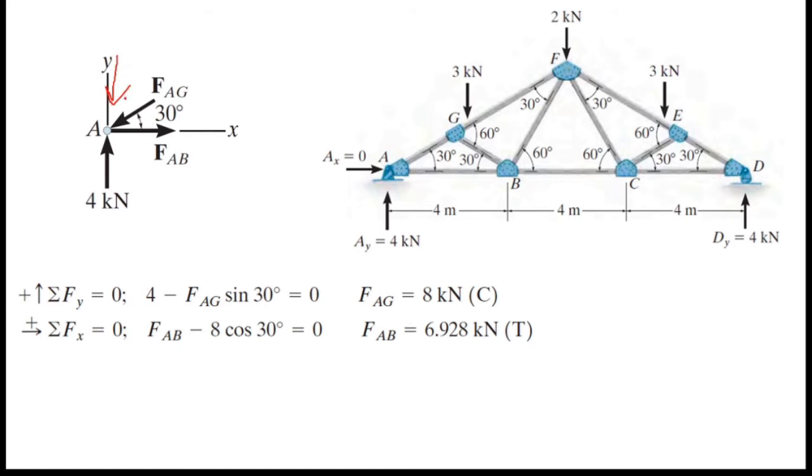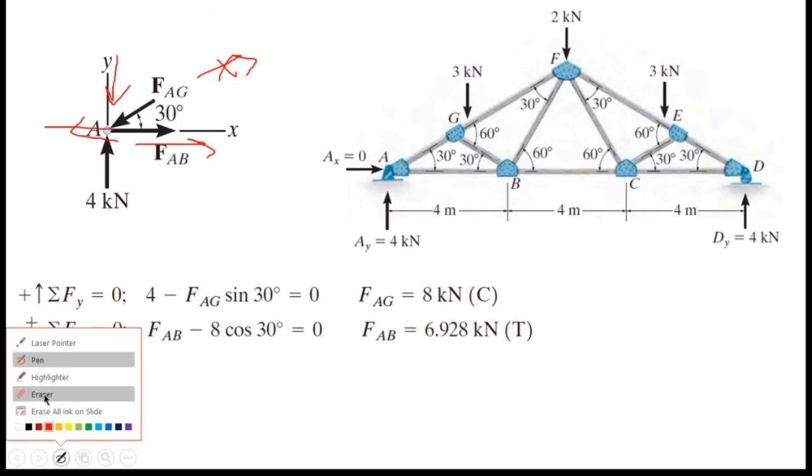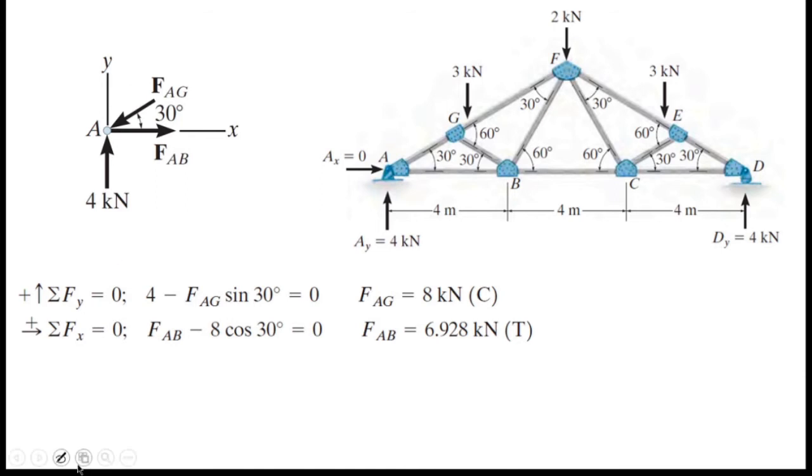So considering this, I can say this FAG force is directed in this direction, not this direction, right? If I consider the horizontal component of this FAG force, it goes this direction. So in order to balance it, I should mark this FAB force in this direction, right? So that is the equilibrium of this joint. So I marked these forces considering equilibrium of the joint.